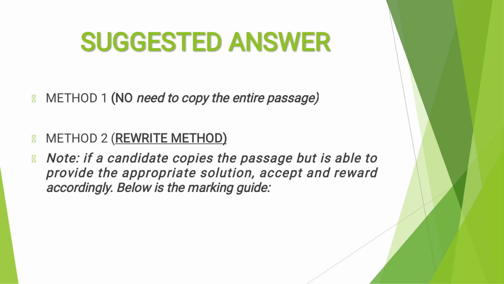Next, is there any agreement between these two? If there is no agreement between the subject and the verb, then we correct the verb for it to suit, match, and relate to the subject. We do not change the subject, rather we change the verb.